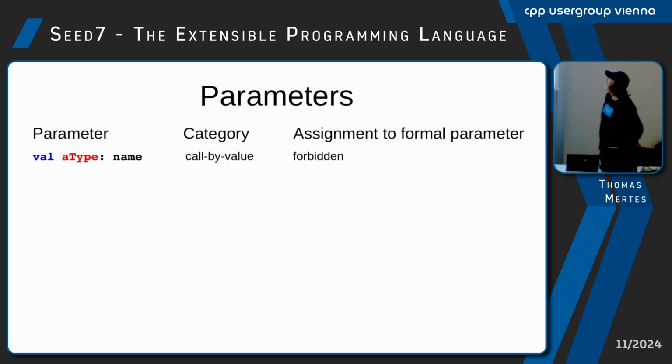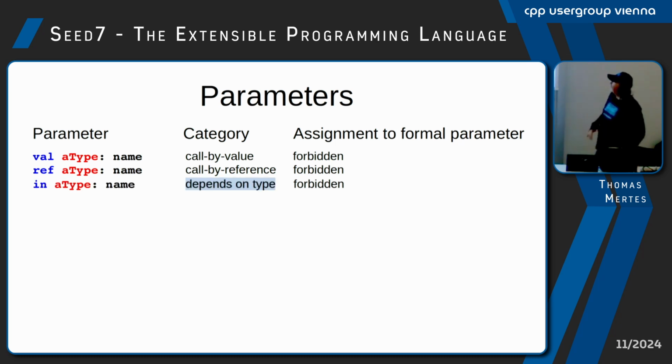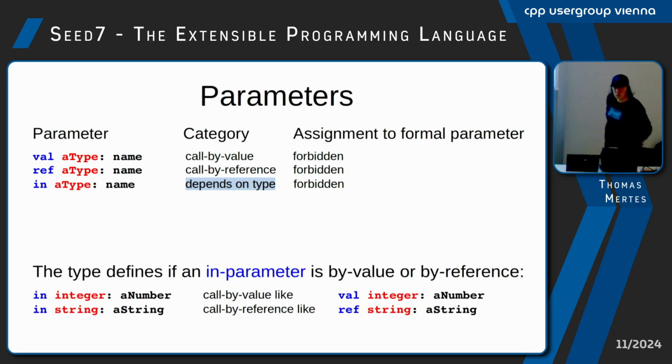Seed7 has not only functions, it has also parameters, and they are called by value parameters, for example, with the val keyword, and they cannot be changed in the function. And there are reference parameters, ref keyword, and you can also not change them. And there is an in parameter. So you might question what an in parameter is, and the type defines what an in parameter is.